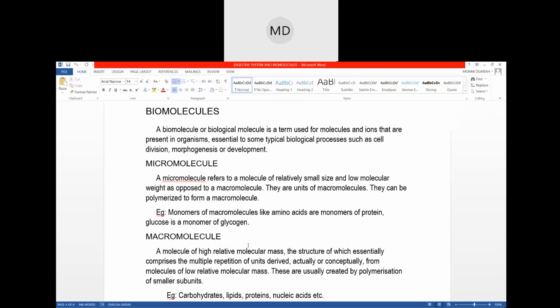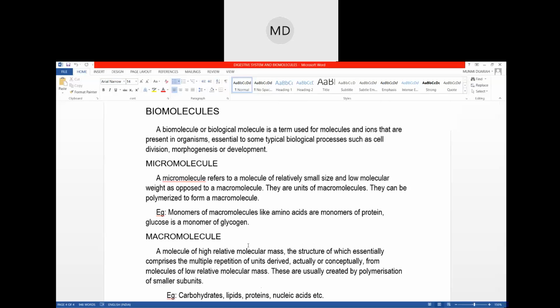So biomolecules. From the name itself it is quite clear that they are biological molecules. Bio means biology. They are very much essential in our body for all the biological processes that go on, for energy, for growth, for development, for everything.